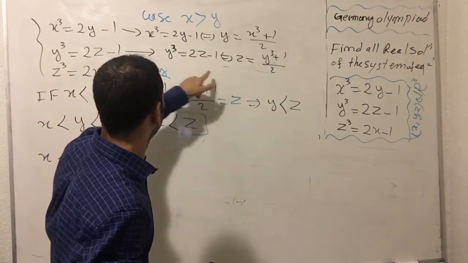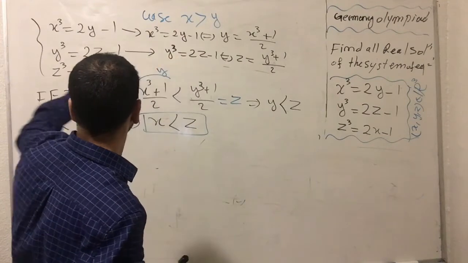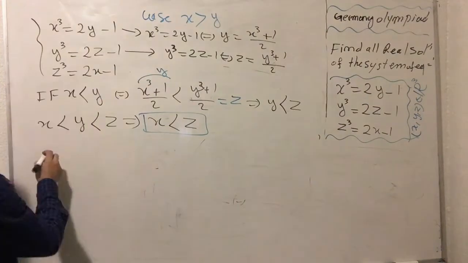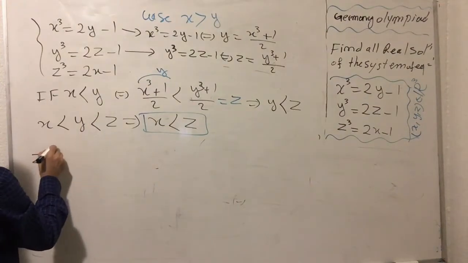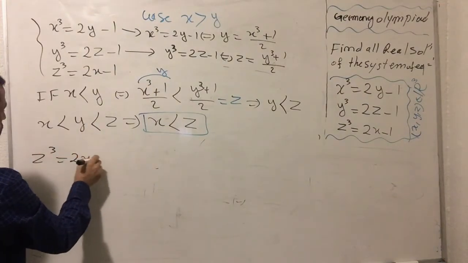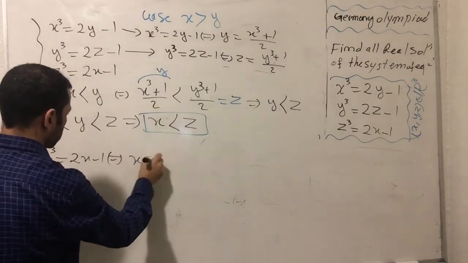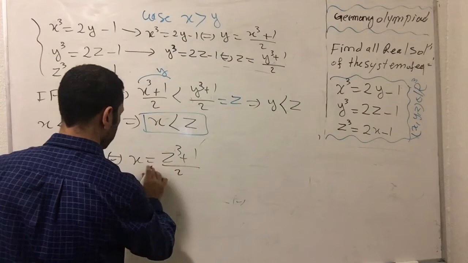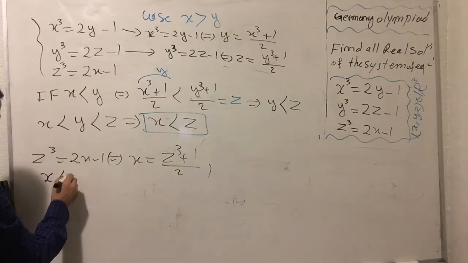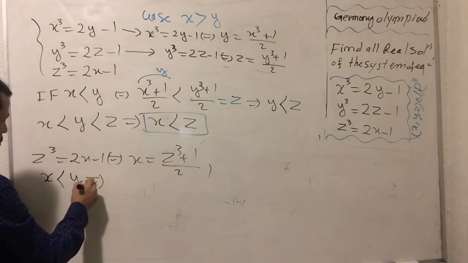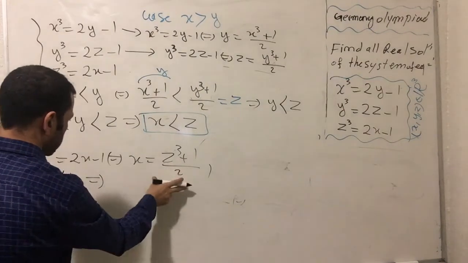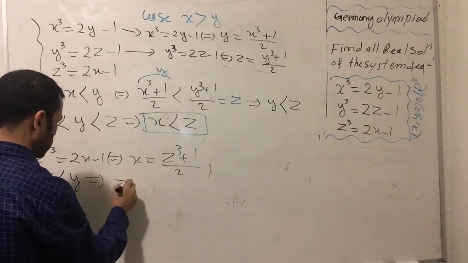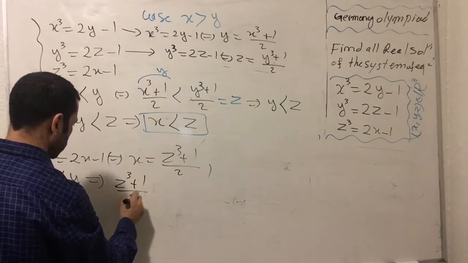Since z cubed equal to x minus 1 is equivalent to x equal to z cubed plus 1 over 2, I'm going to replace x with its value, z cubed plus 1 over 2.